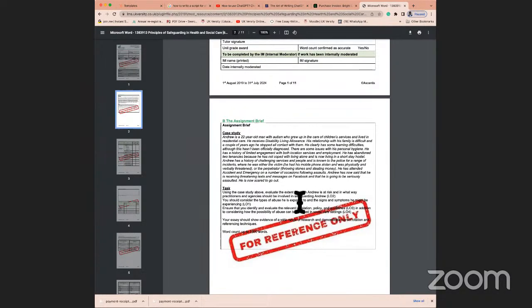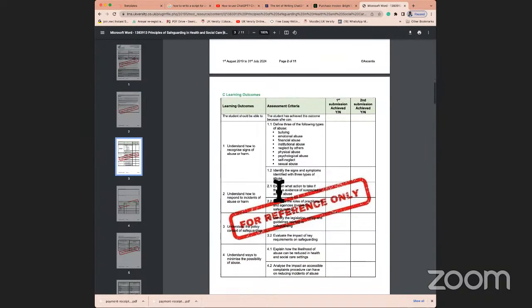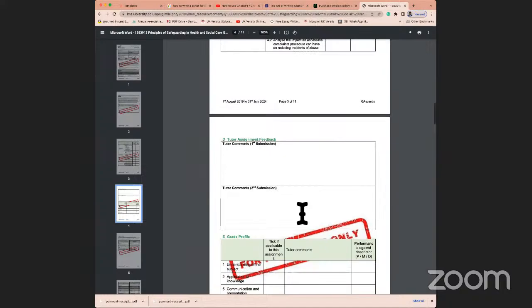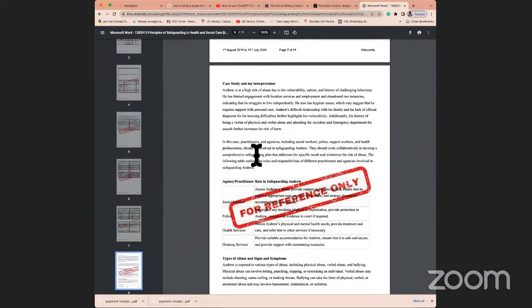So when you do the assignment, here it says first task is LO2. So in LO2, what we have to do is cover these 2 parts, which is what is the action that you will take if there is a suspected abuse that is happening, and what is the role of agencies and practitioners in safeguarding. And that is what would allow you to address the word limit if you understand the learning outcomes and then do it accordingly.